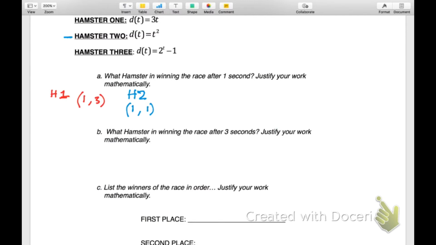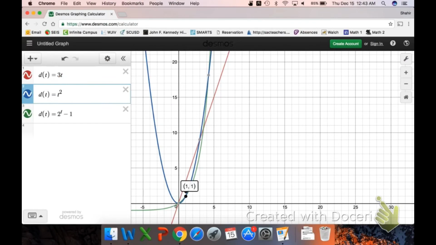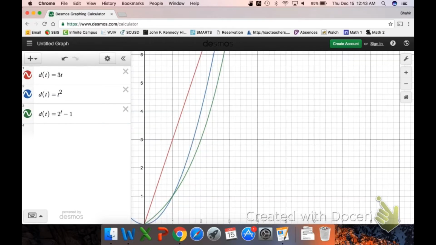And now looking at hamster 3, remember hamster 3 is in green. And now going to decimals, hamster 3, the one in green, let's unclick that. Oh, looks like he is, let's see if we can zoom in a little.